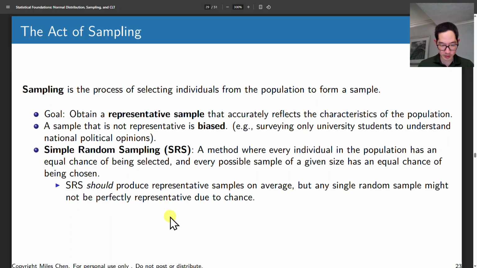Every single number has an equal chance of being selected, and any combination of numbers has the exact same probability of being selected. Simple random sampling should produce representative samples, but because it's random, it might not be representative of the population just because of random chance.